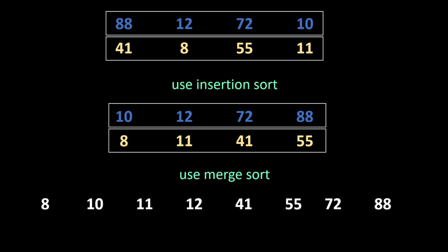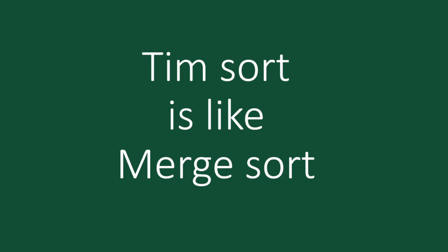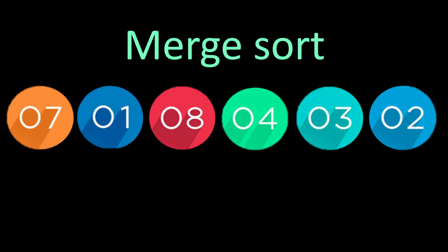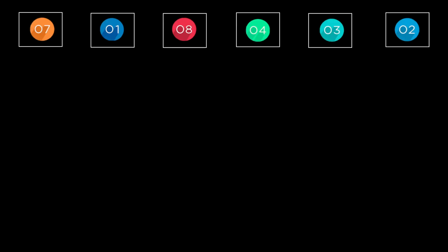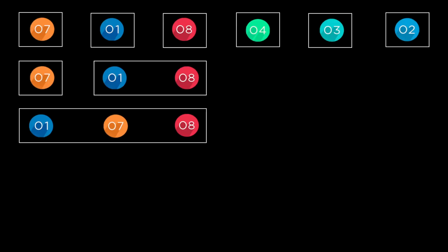We've used this list before in our videos, so let's remind ourselves what merge sort is like and what is different about Timsort. So here we have merge sort. First of all, we split our numbers till they are single sublists, single elements, and then we start to merge them together.